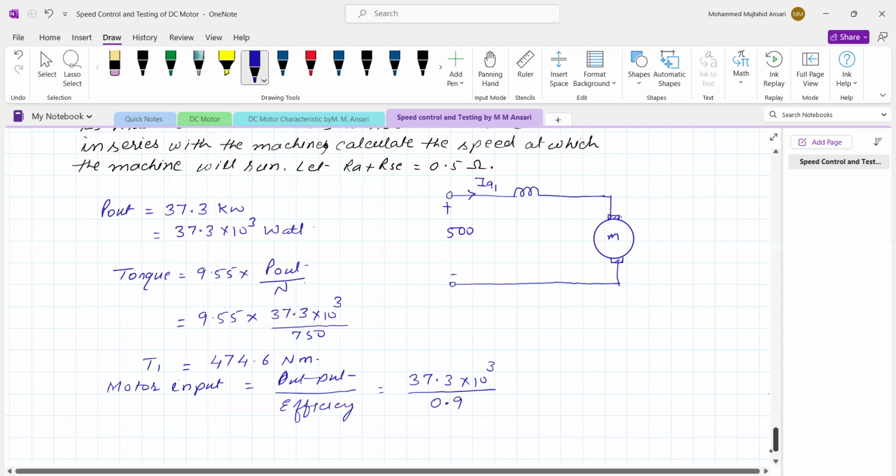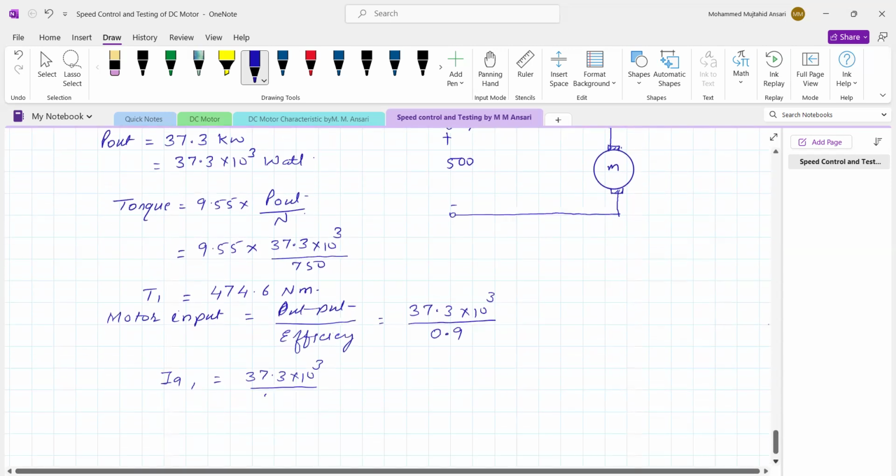Therefore, armature current IA1 is equal to this power input divided by voltage. 500 is the voltage. So it is 37.3 into 10 raised to 3 divided by 0.9 into 1 by 500.